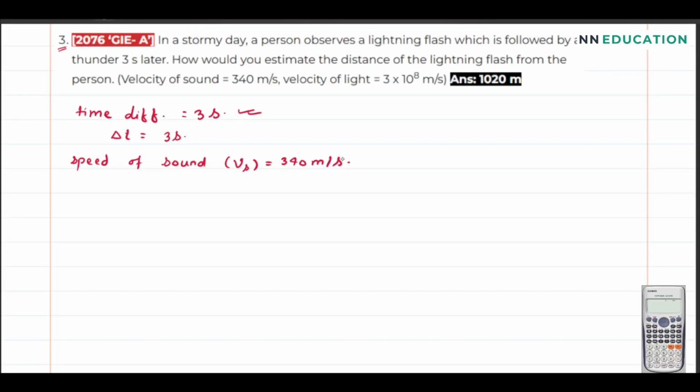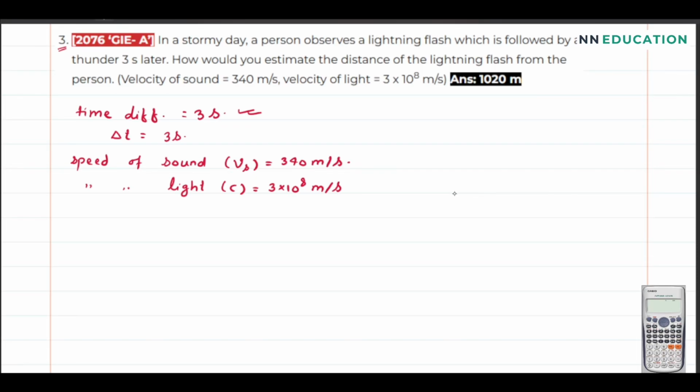And the speed of light is 3 into 10 to the power 8. Speed of light, VL, or you can simply denote it with c, equals 3 into 10 to the power 8 meters per second. Now we need to find the distance of the lightning from this observer.